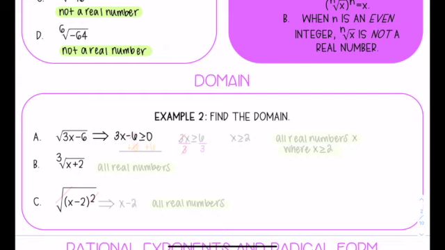And now we want to solve. So let's go ahead and add 6 to both sides. And so we have 3x is greater than or equal to 6. And then we want to divide by 3 on both sides.